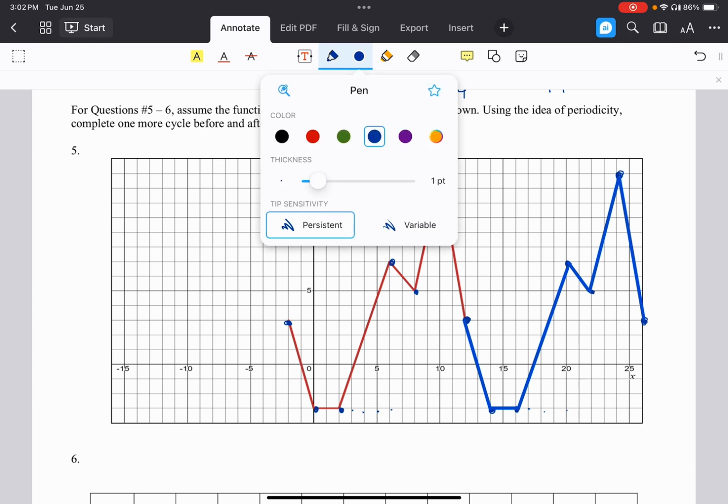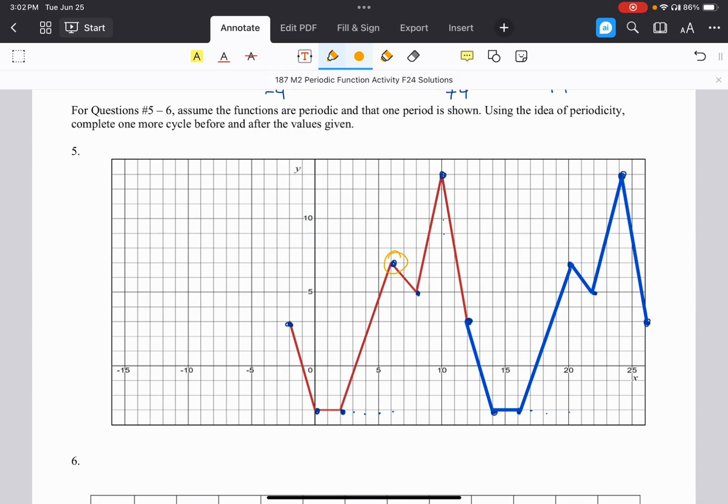And you could go through and notice, okay, this point matches up exactly with this point, and this point matches up exactly with that point. You can find those key points that match up. And I can do that before, and I would repeat and do the exact same thing after.